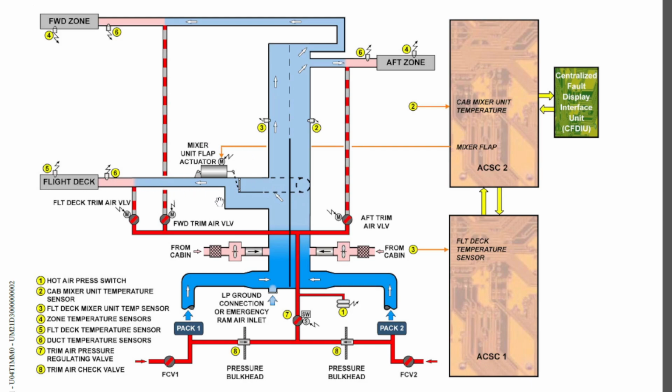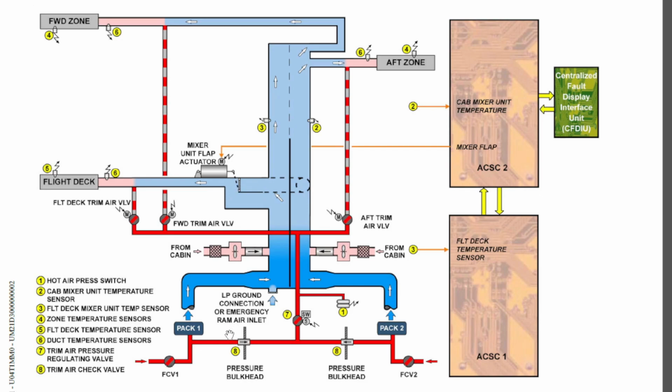And what you have to understand is that whenever pack 1 is selected off or faulty, air conditioning system control computer 2 will automatically open this flap via this motor.